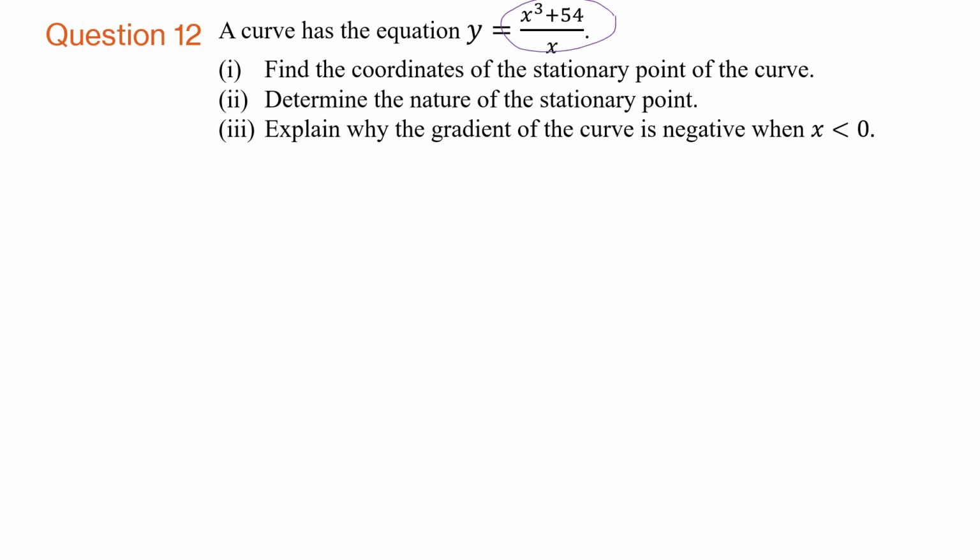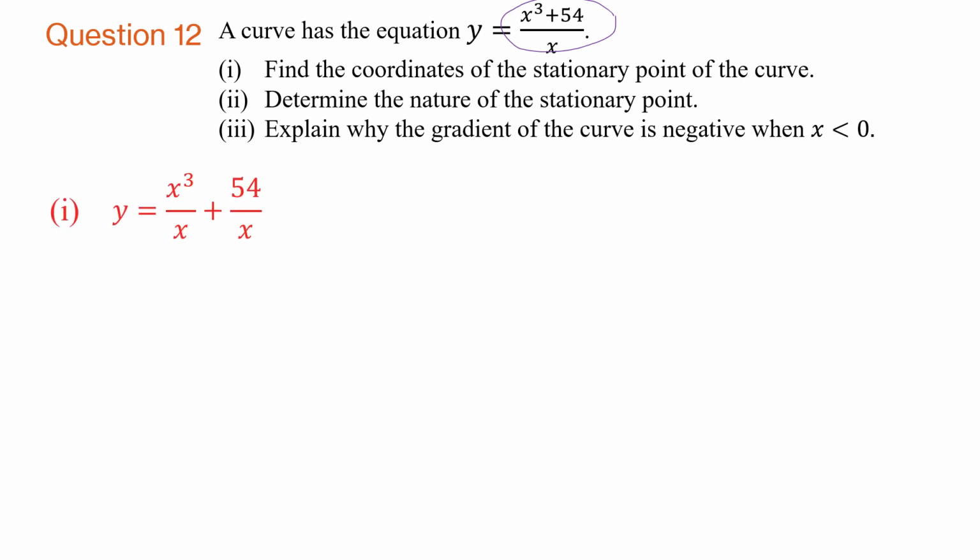If you look at the equation of the curve, some of you may jump in quickly to use the quotient rule. I would advise you not to. If you're very good with the quotient or product rule, of course you can just go ahead. But if you're not, then it's worthwhile trying to simplify it first. And if you can use the power rule or the chain rule, just go ahead.